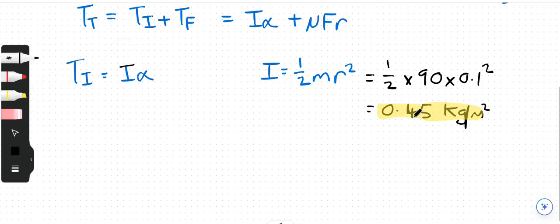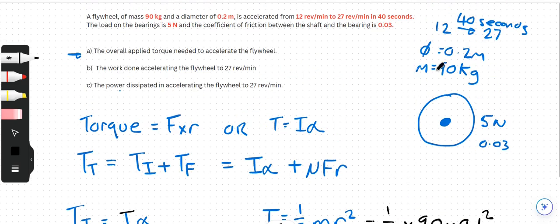Now we need to find the angular acceleration, which we can do because we know that this flywheel starts off at 12 RPM and goes up to 27 RPM in 40 seconds.